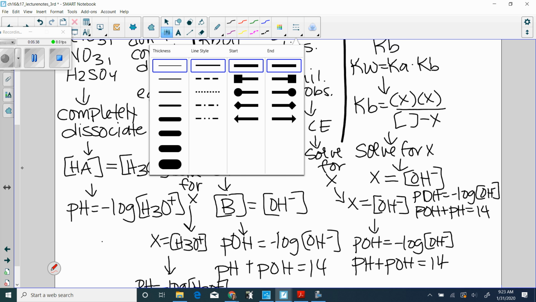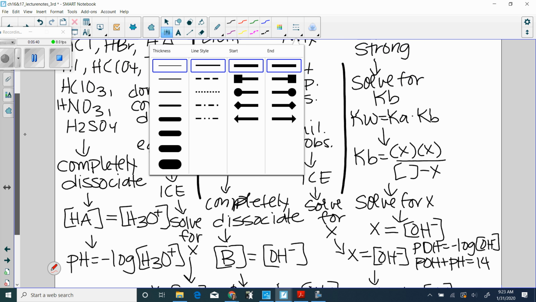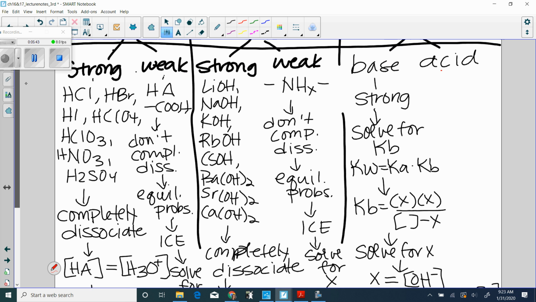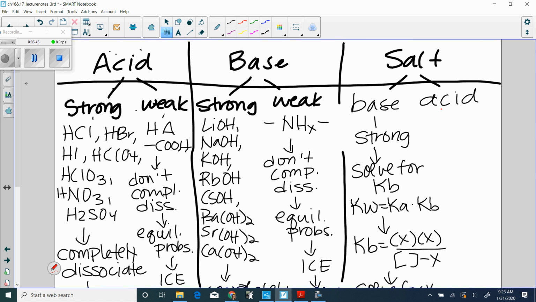If the acid from the salt, so if the yellow is a strong acid, this one's not, this one's weak, but if the acid was strong, we're going to solve for Ka using our new secret equation, Kw equals Ka times Kb.